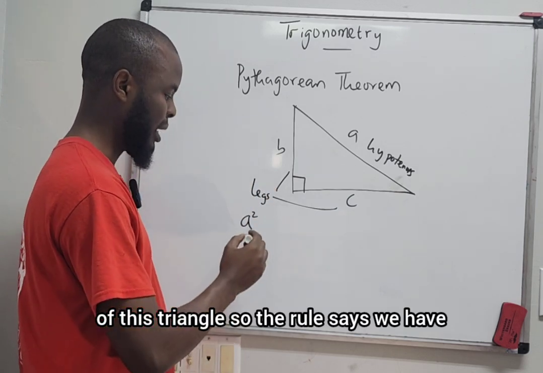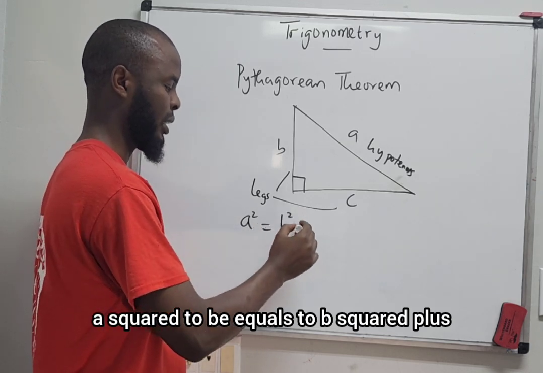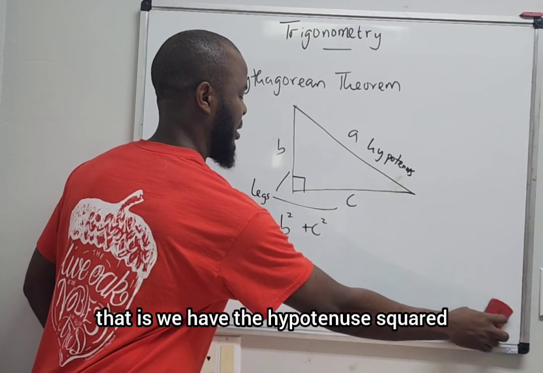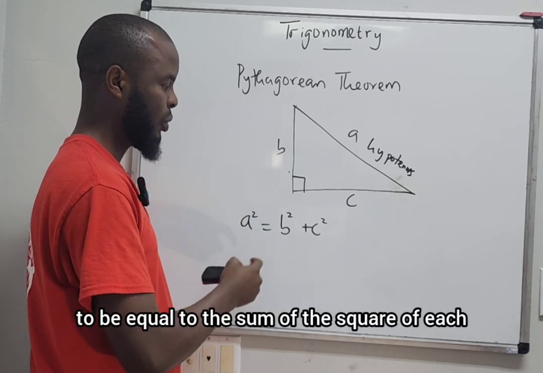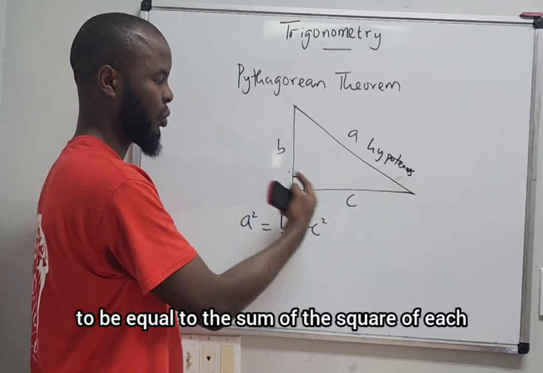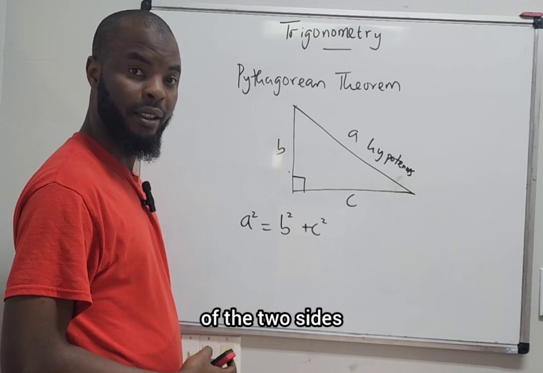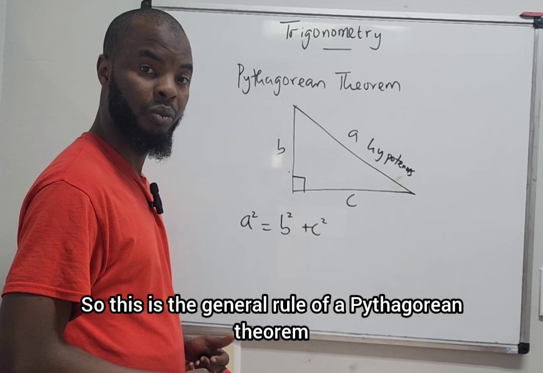So the rule says we have A squared to be equals to B squared plus C squared. That is, we have the hypotenuse squared to be equals to the sum of the square of each of the 2 sides. So this is the general rule of a Pythagorean theorem.